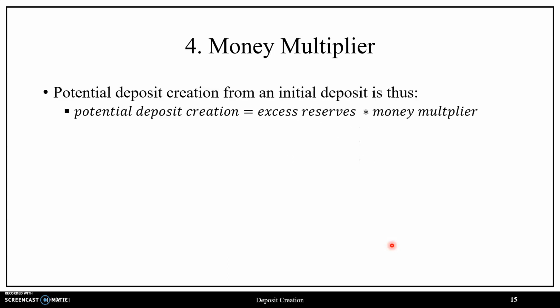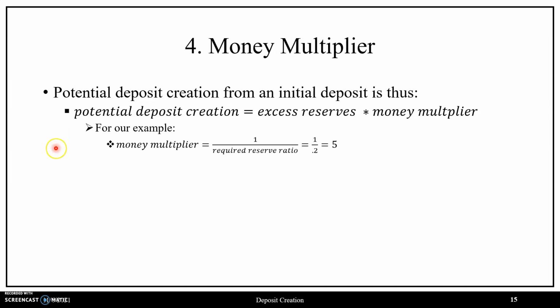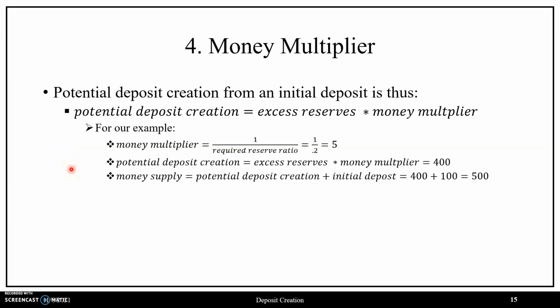Potential deposit creation overall, given an initial deposit, can be expressed as the excess reserves scaled by the money multiplier, which in our example is a value of 5 for the money multiplier, a deposit creation value of 400, and the money supply, our initial deposit plus our potential, of 500.